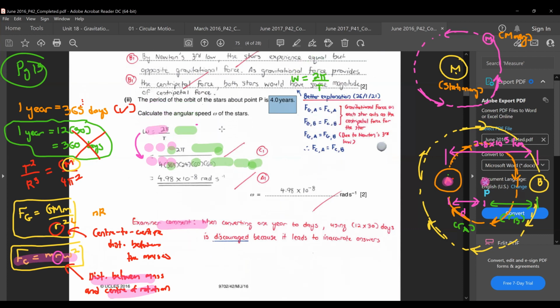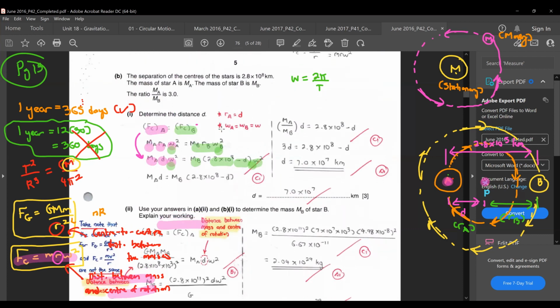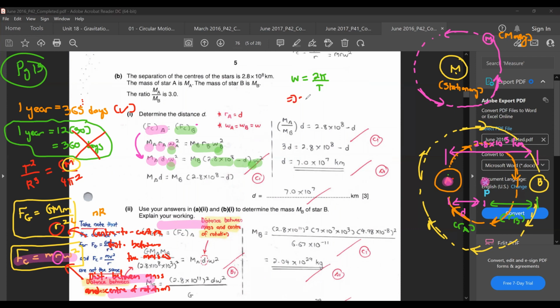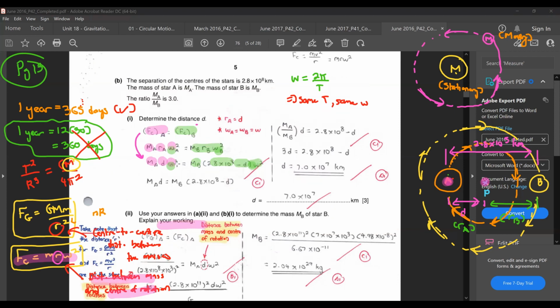Looking at omega equals 2 pi over T, same T means same omega. That's why I replace omega A and omega B with just omega, because they are the same thing. So that's how I got this little expression here.